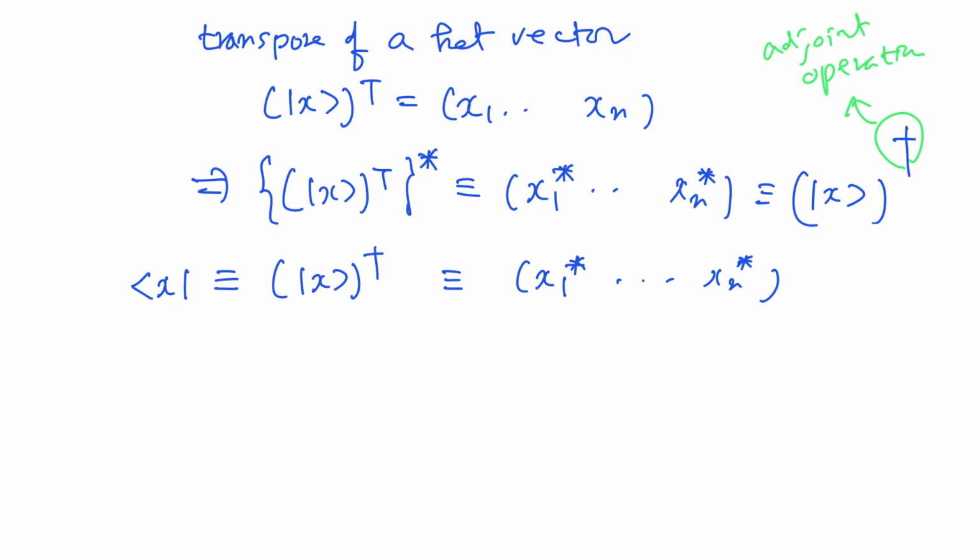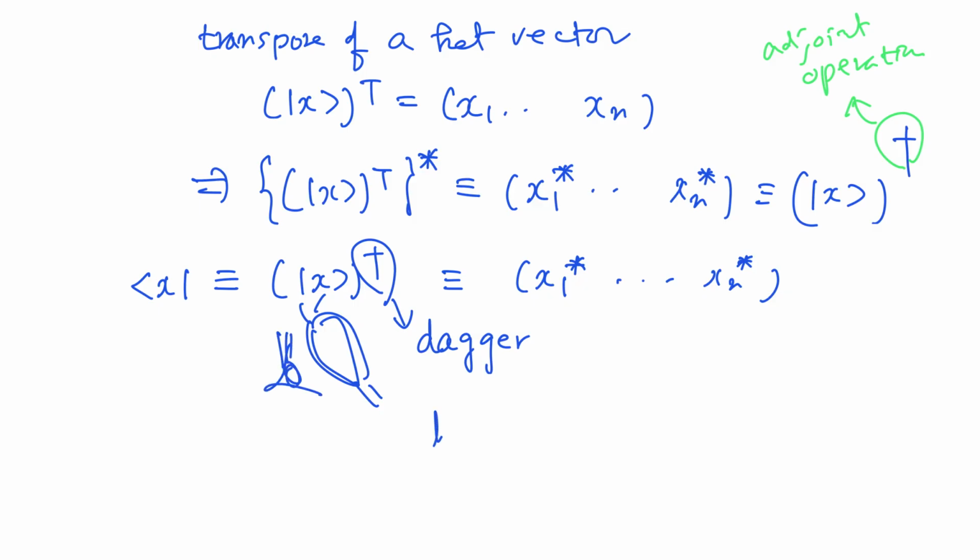And sometimes we call this a dagger. So adjoint operation, or sometimes we call it dagger. The dagger is like a short sword, right?